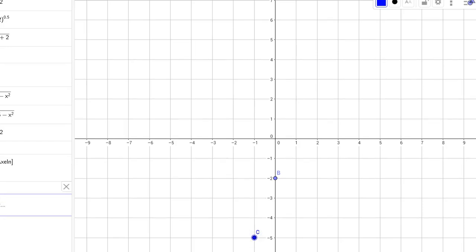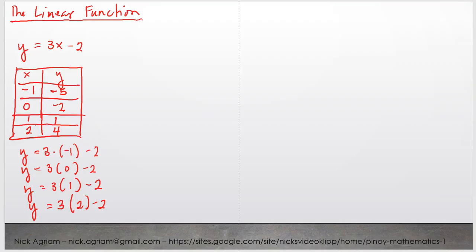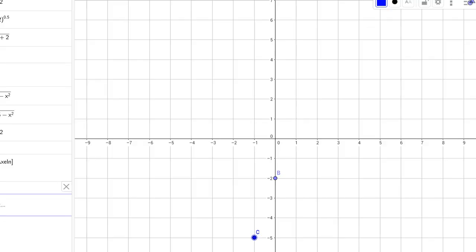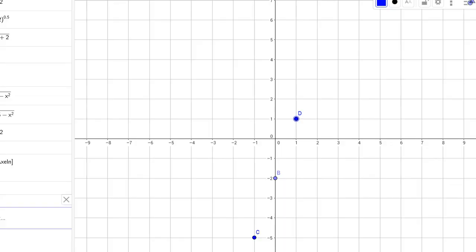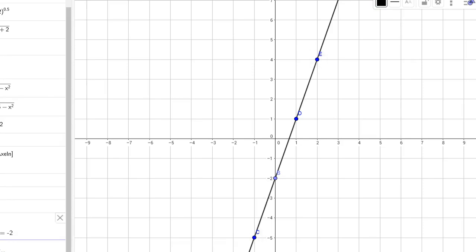And then when x is equal to 1, y is equal to 1. And then when x is equal to 2, y is equal to 4. So if I'm going to put a line on them, if I'm going to connect all of this, then I have the straight line.